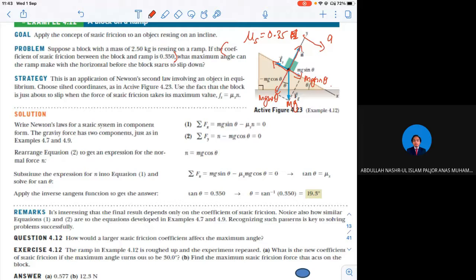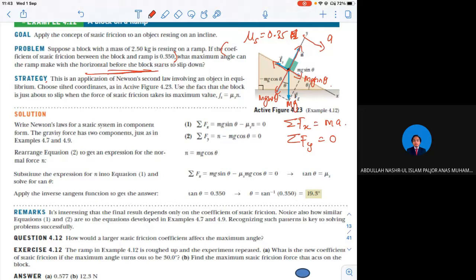So you need to establish two things. First of all, summation of Fx equals ma, and another one is summation of Fy equals 0. But in this part, what maximum angle can the ramp make with the horizontal before the block starts to slip down?